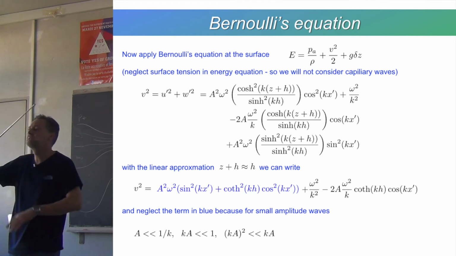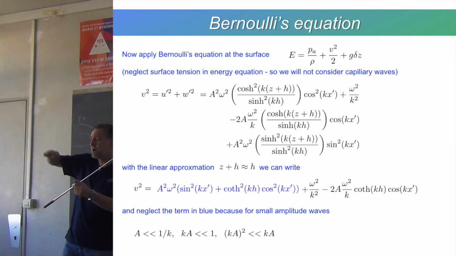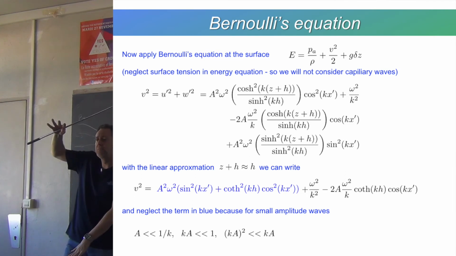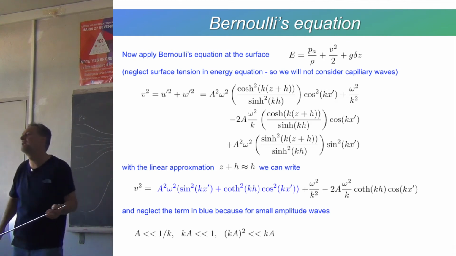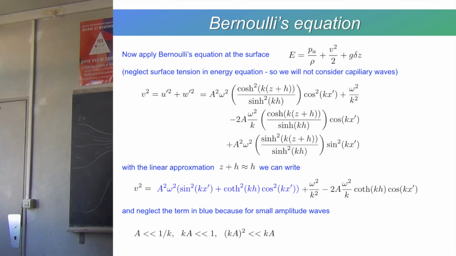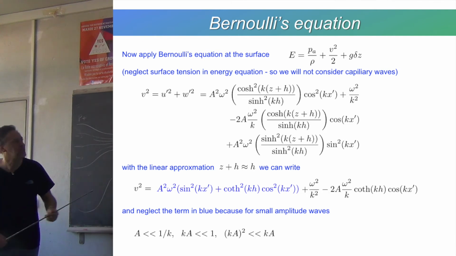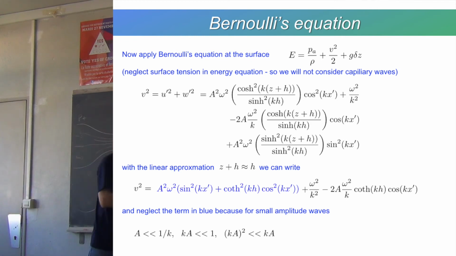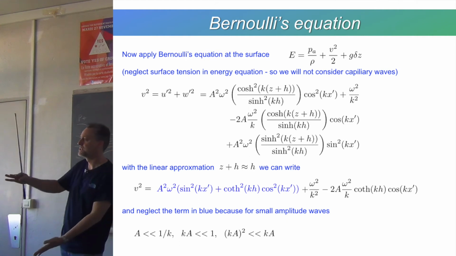So we're assuming that the amplitude of the wave at the surface is small compared to the depth of the fluid. That's a fairly good assumption, unless you've got really big waves right at the shore, which is actually true sometimes. That means our theory is going to break down when you get really big surfing waves in very shallow water.